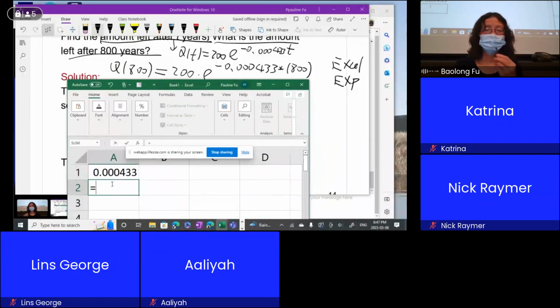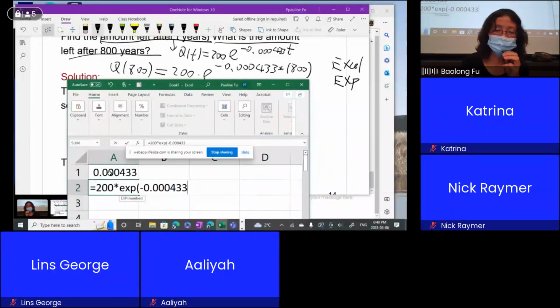So what I want to calculate is 200 times e. In Excel, it is exp, the natural number, the exponent function. So exp negative 0.000433 times 800.